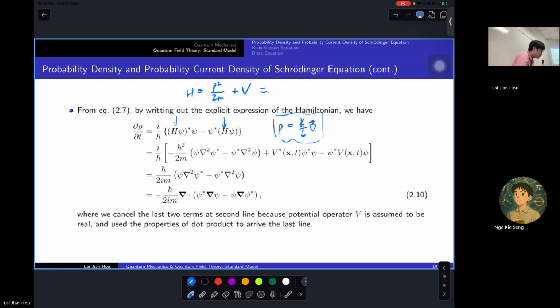Yeah, V depends on the external potential.